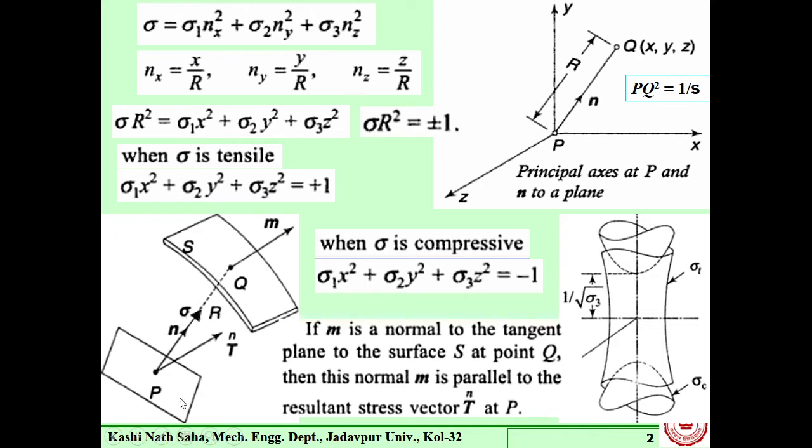So if these two are known, this sigma is known, right? Then we can find out what is tau here. We can determine what is this T: sigma value is known, its direction is known, this T direction is known, so we can find T from the angle between these, cos theta. We have already seen how to find the angle between two lines when their direction cosines are known.